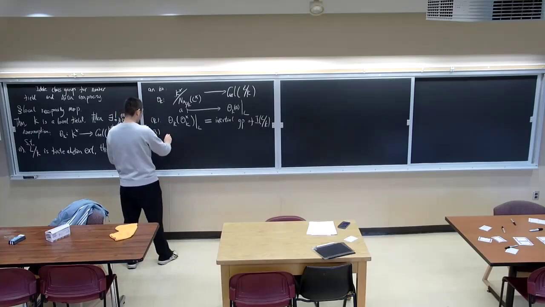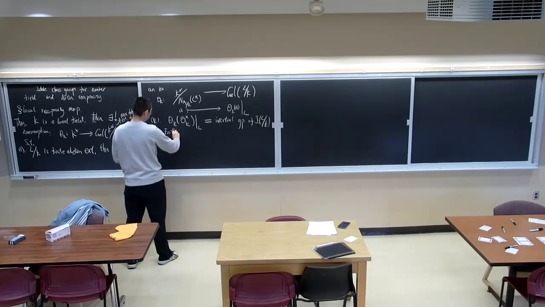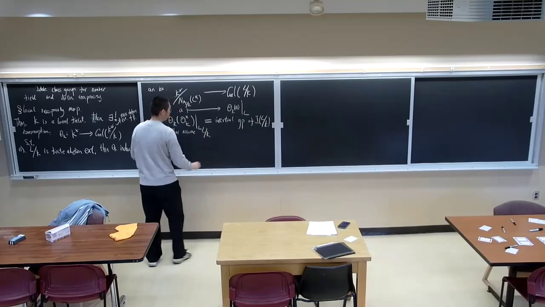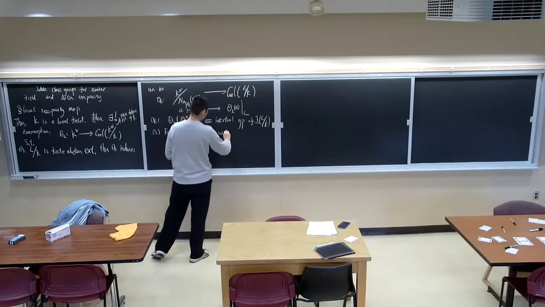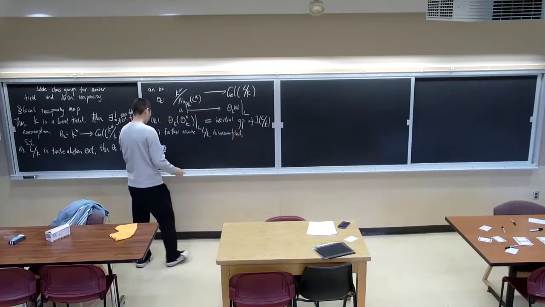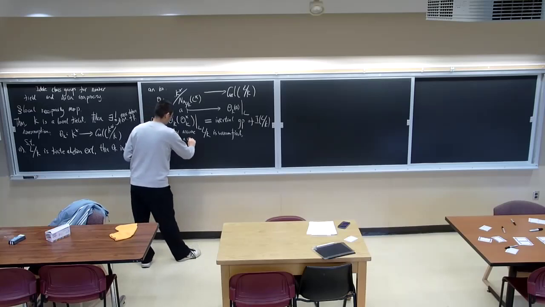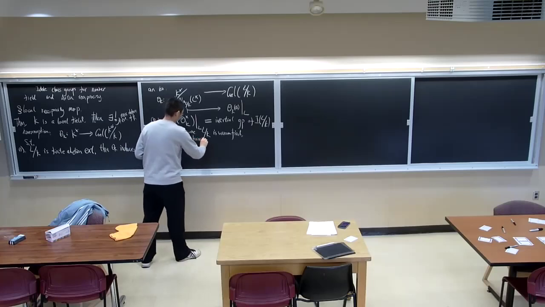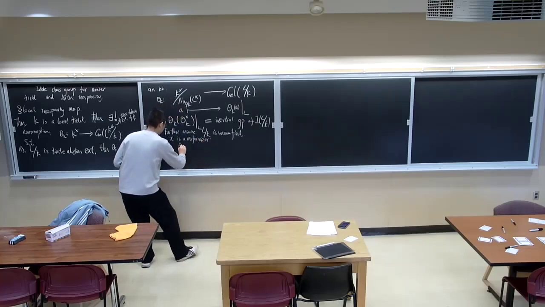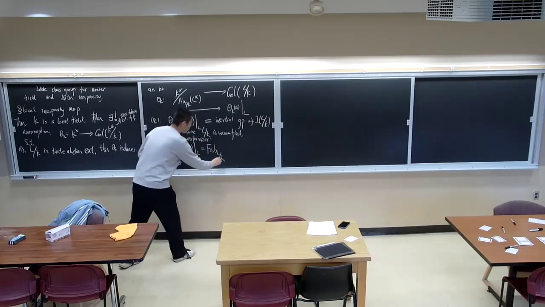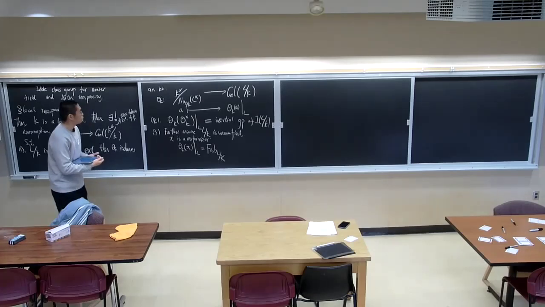And if we further assume L over K is unramified, and pi is a uniformizer, then we know this theta_K(pi) is mapped to the Frobenius element in the field extension.